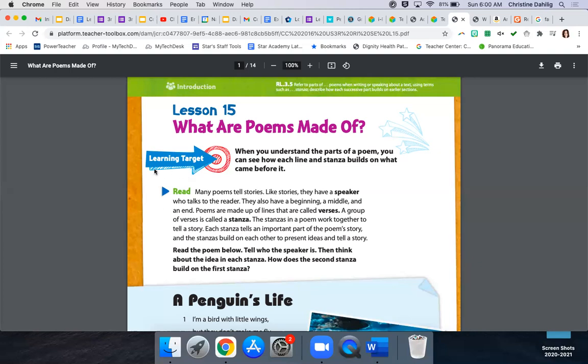This green read here says many poems tell stories. Like stories, they have a speaker who talks to the reader. They also have a beginning, a middle, and an end. Poems are made up of lines that are called verses. A group of verses is called a stanza.